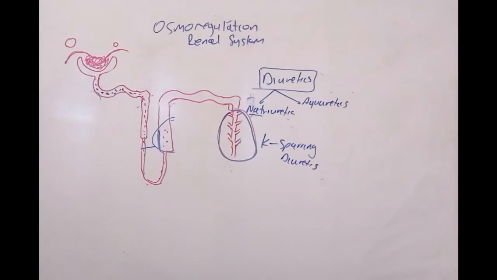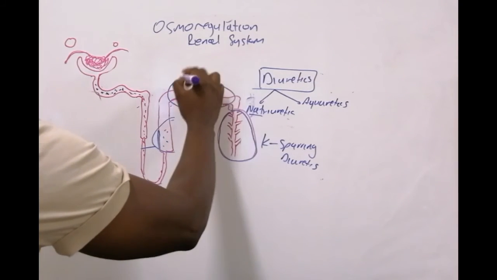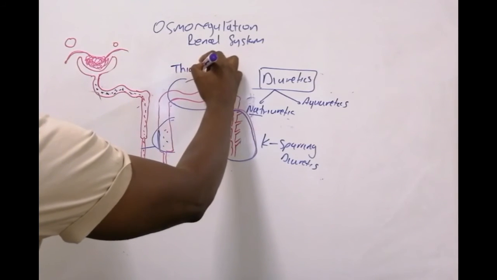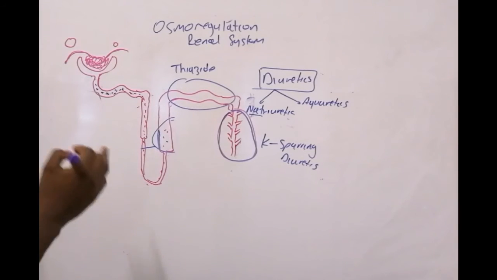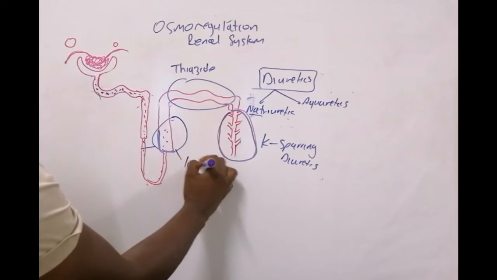The diuretics that work on the distal convoluted tubule are thiazide diuretics. Natriuretics that work on the thick ascending limb of Henle are your loop diuretics.